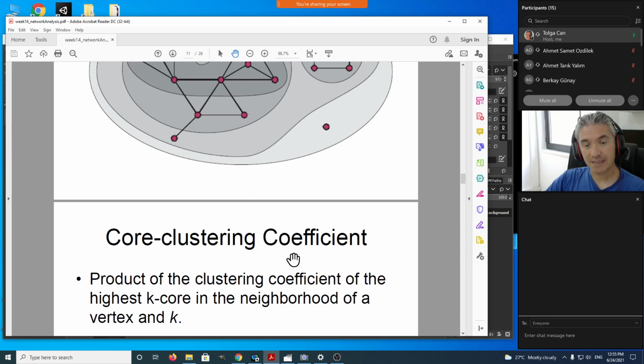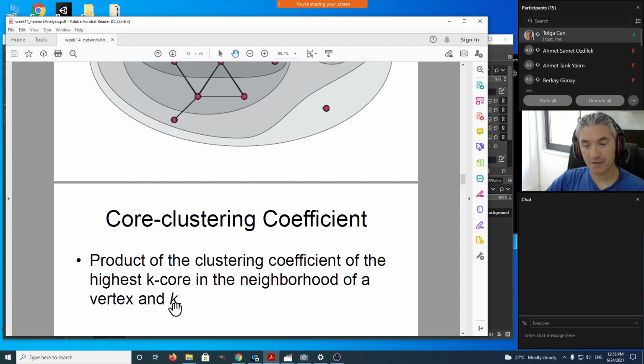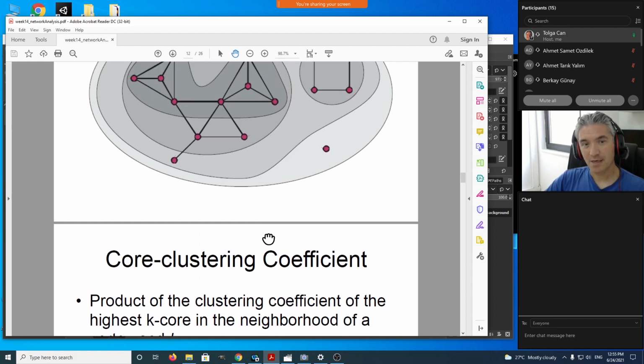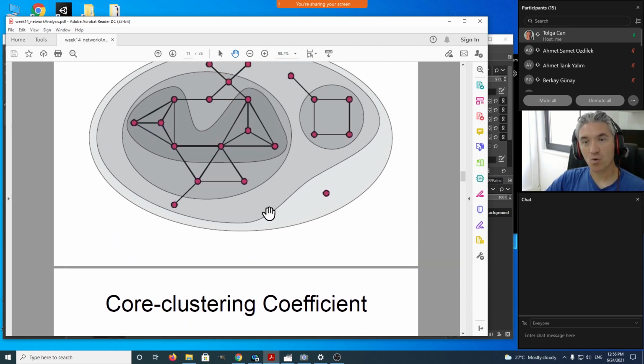It defines this measure called core clustering coefficient, which is a multiplication of this maximum value of k with the clustering coefficient, which is between 0 and 1. So if a node is a member of a higher core, even if its clustering coefficient is 0.8, it may get a larger value compared to a clustering coefficient of 1, which is just connected to two neighbors.